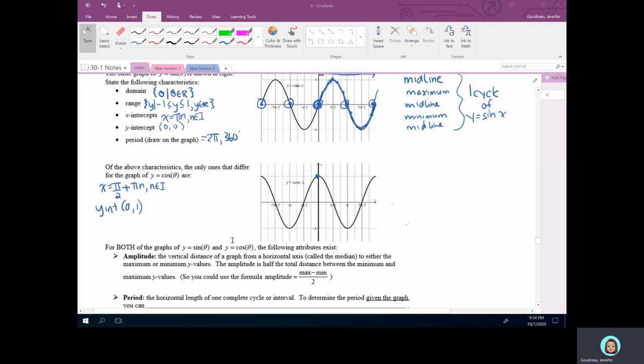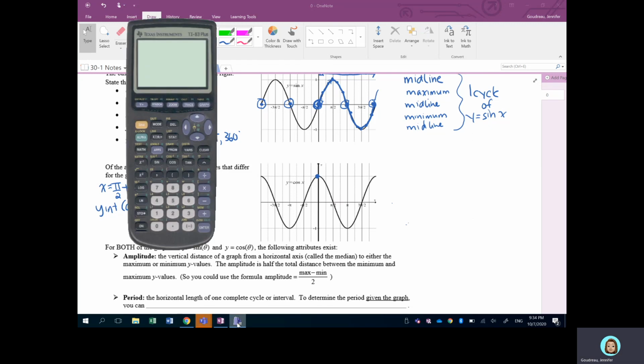So we'll just get the calculator up here and graph those two. And we graph them just like we would any other function. So we go into y equals sine x. A couple of things before we can go ahead and jump in and graph that. Let's put y equals cosine x into y2.